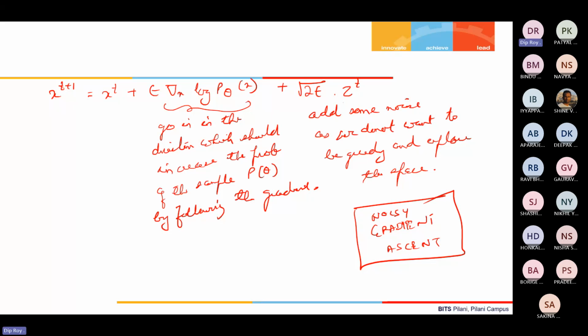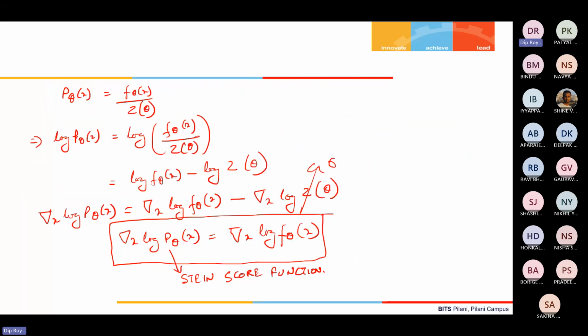It is better than the previous technique because there we were blindly making changes by adding some small noise and trying to see whether it is better. But here we are following the gradient, which is a much more informed decision. So this is the second method, which is called the unadjusted Langevin dynamics.